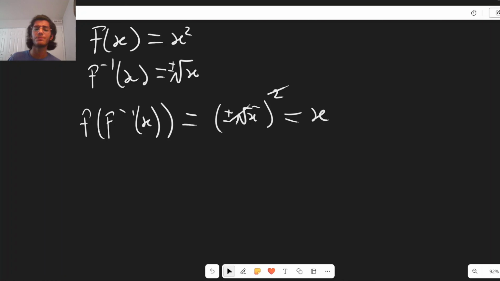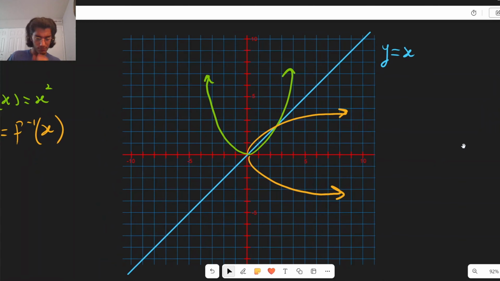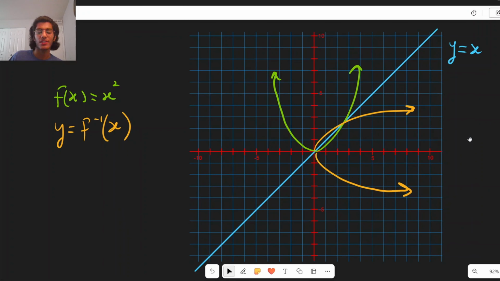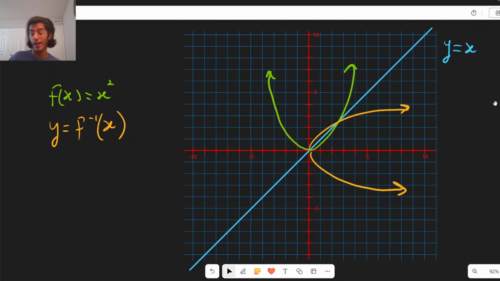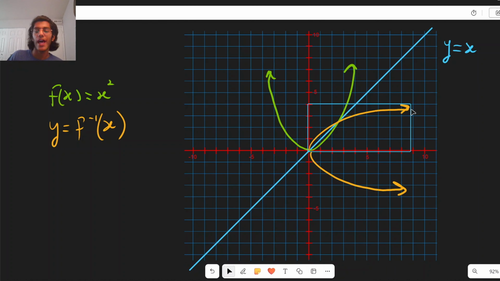Now, one thing to note here is that when we're looking at the function on a graph, the inverse will have its domain and range values swapped from the original.